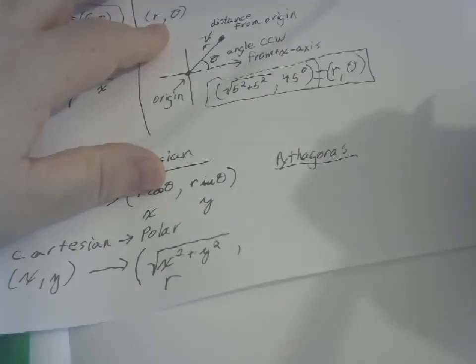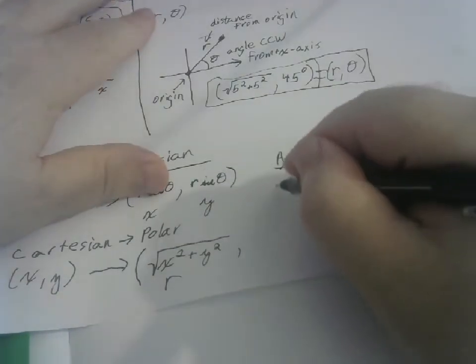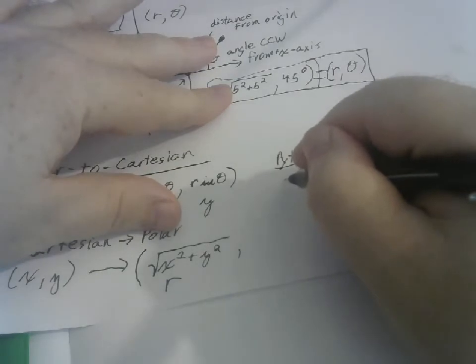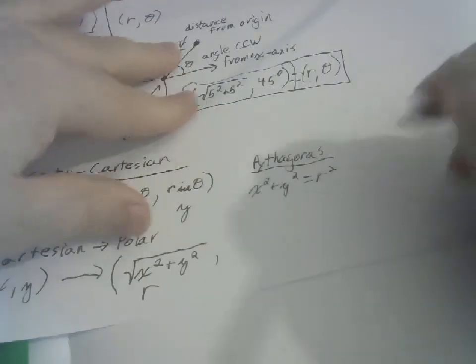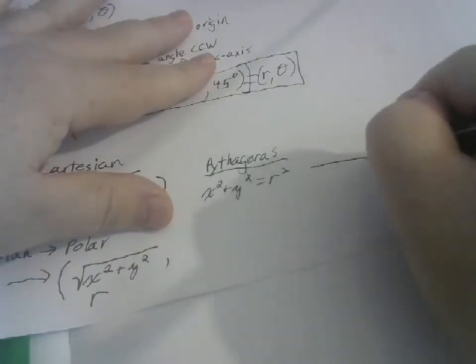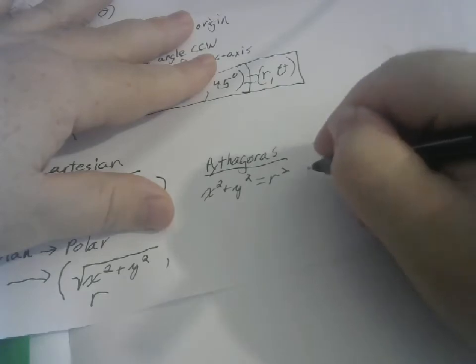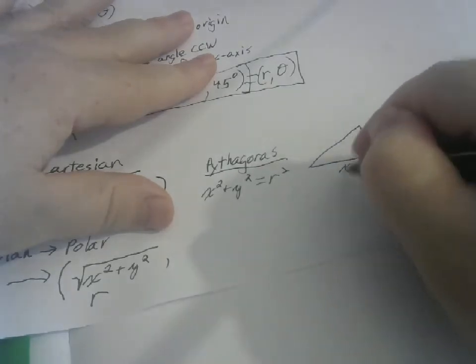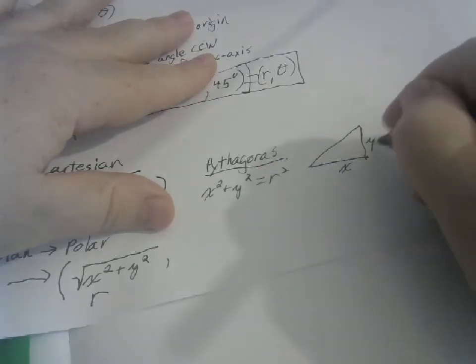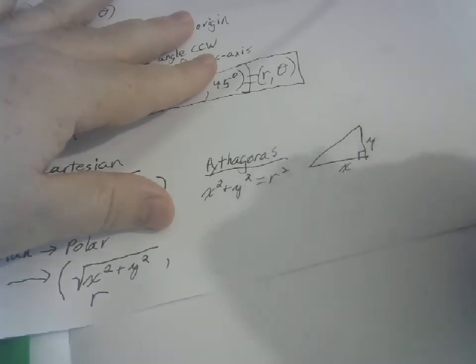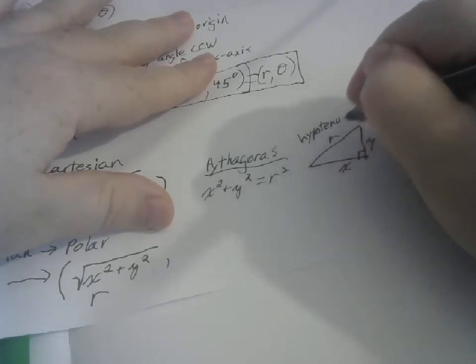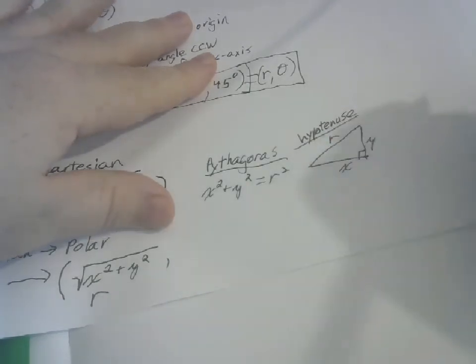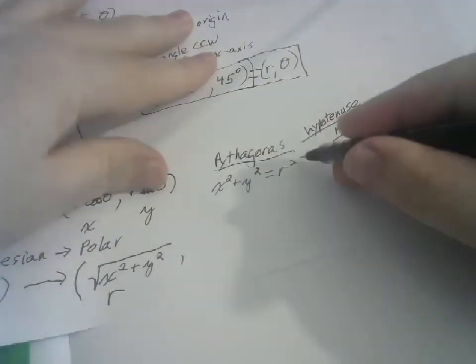The formula that Pythagoras is most famous for is the one that goes x squared plus y squared equals r squared. If you've got a triangle like this, and the base is x and the height is y, and there's a right angle in here, and this is called the hypotenuse, then this formula holds.